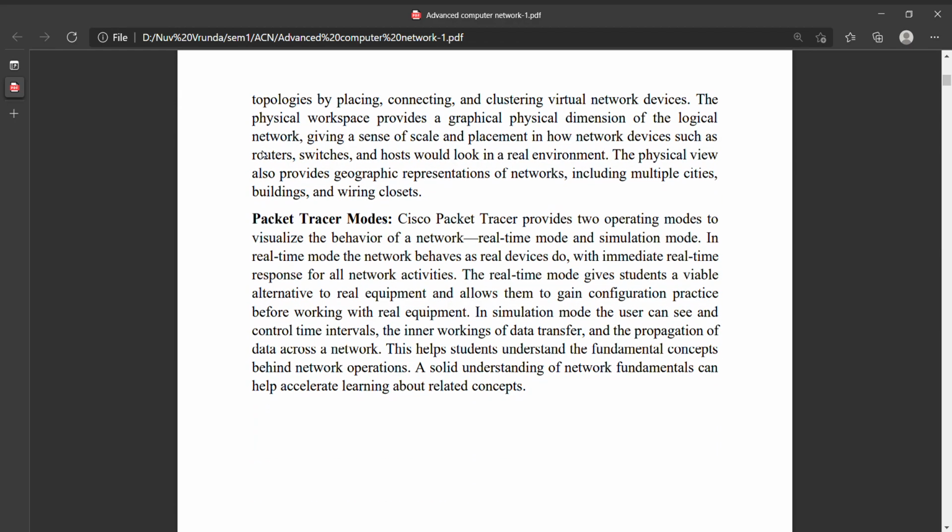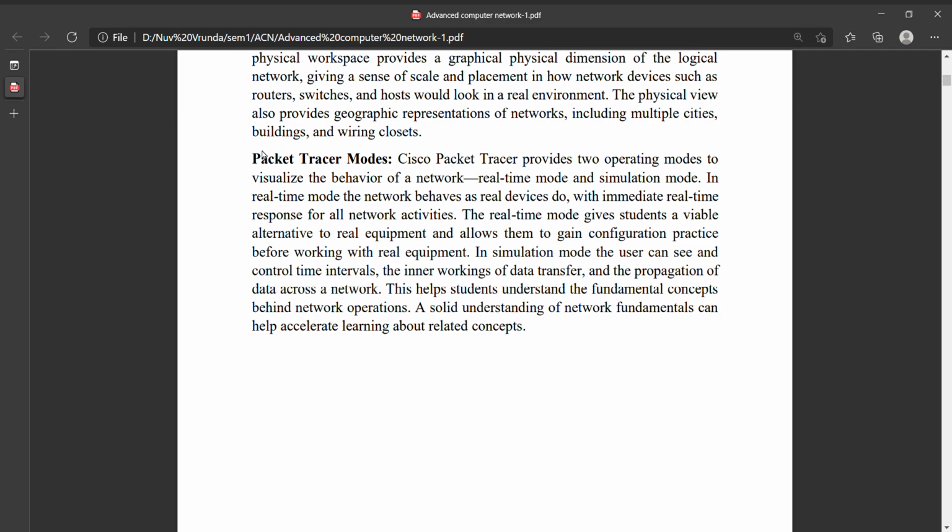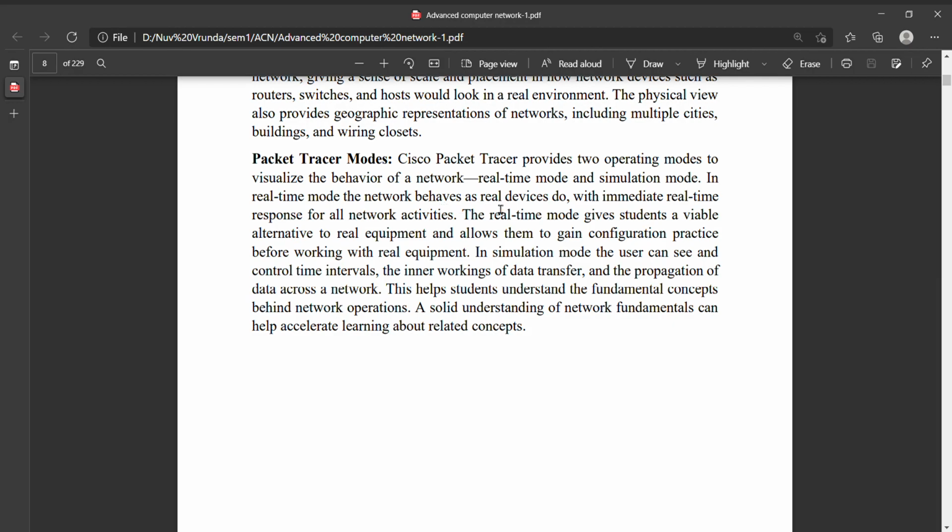Okay. Packet Tracer modes. Packet Tracer provides two operating modes to visualize the behavior of a network: real-time mode and simulation mode. In real-time mode, the network behaves like real devices, with an immediate real-time response to all device activities.